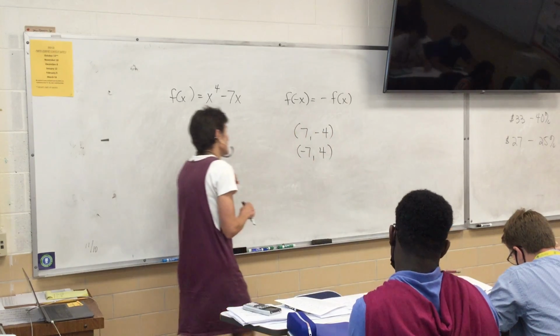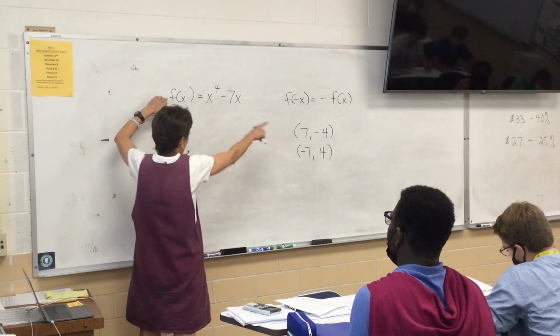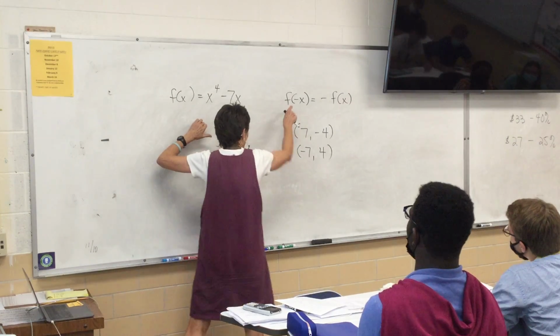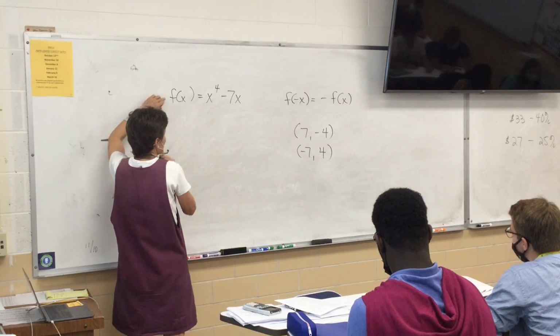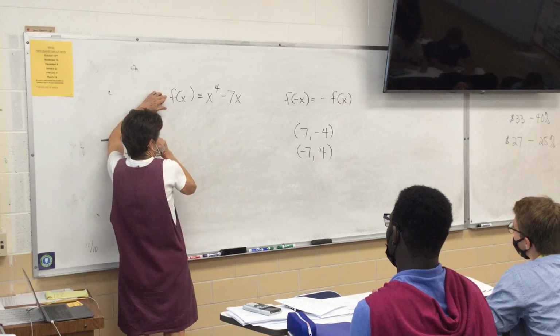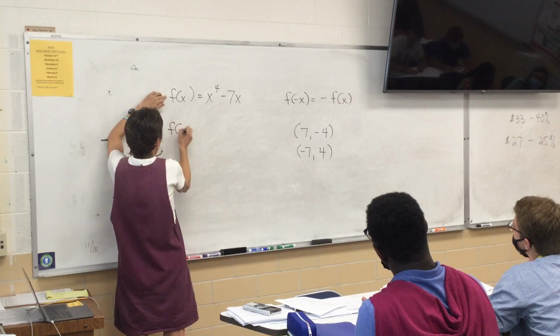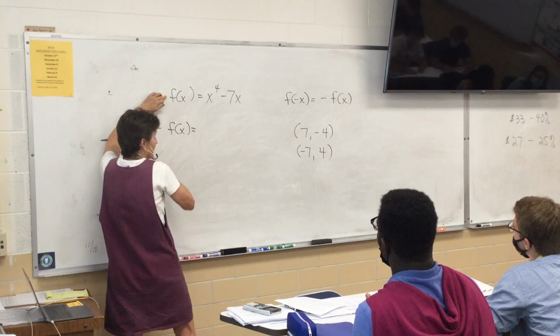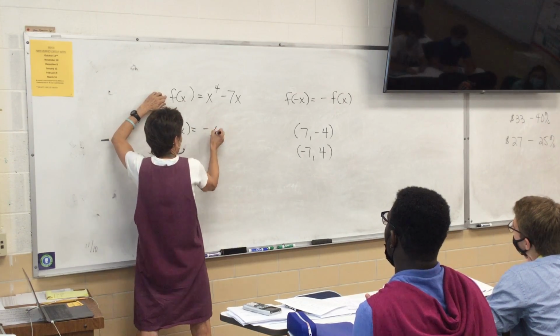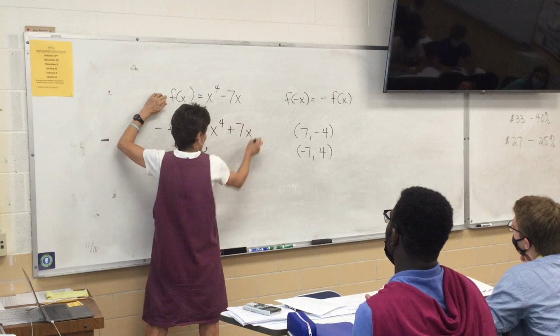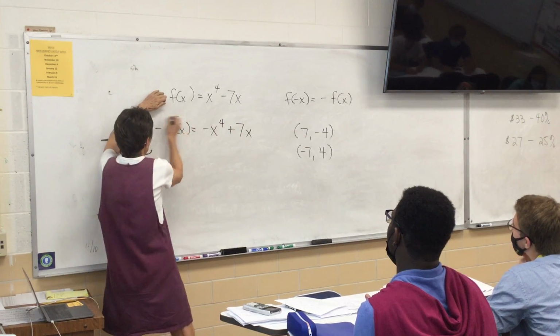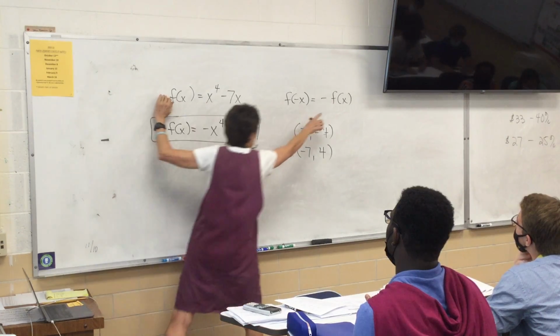Now, this is the definition for odd right here. Let's use that definition. This is my problem. What is the opposite of that? What would negative f of x be? Negative x to the 4th plus 7x, right? So there's part of my definition right there.